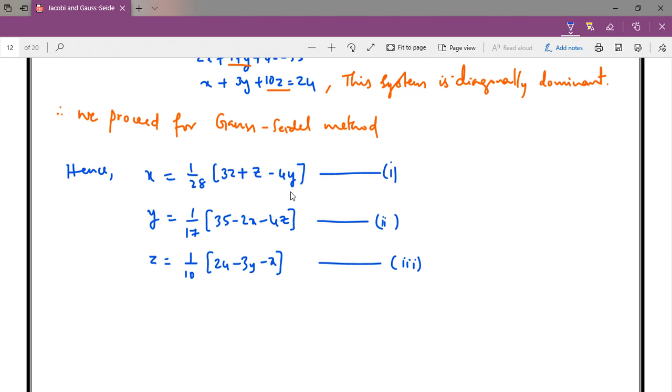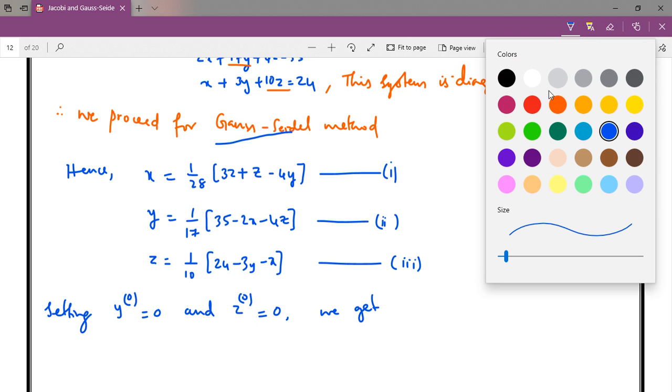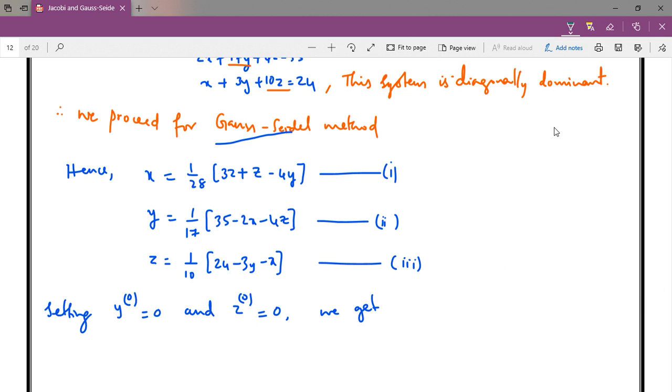So now we go for solving by the Gauss-Seidel method. Remember, this is by the Gauss-Seidel method. So therefore we need to have an initial value only for y and z. Setting y0 equal to 0 and z0 equal to 0, we get the first iteration.